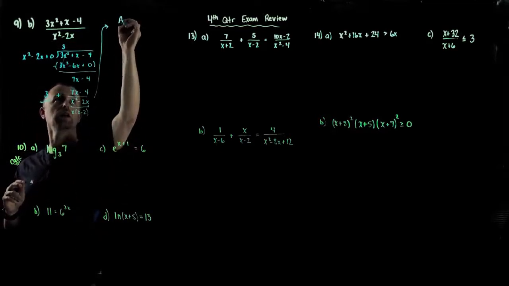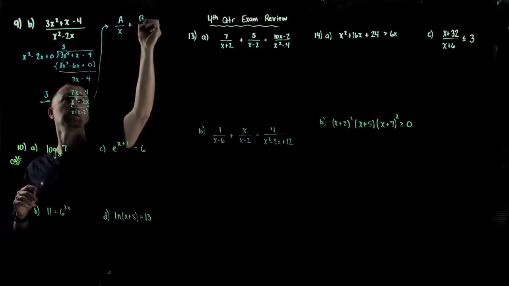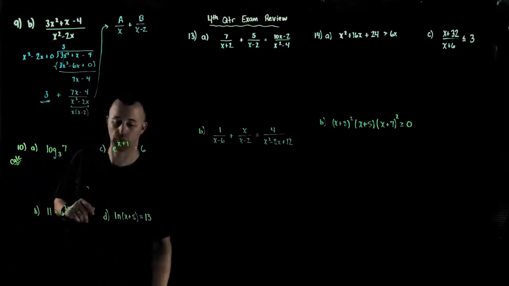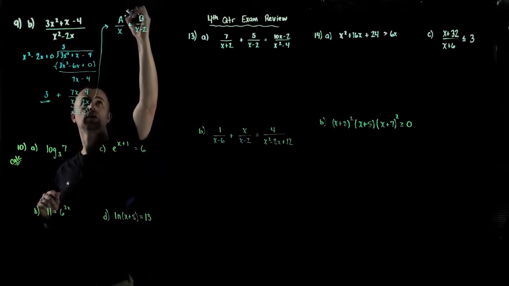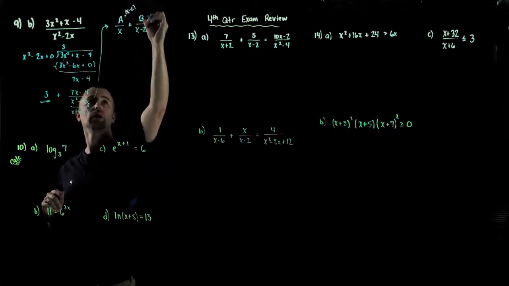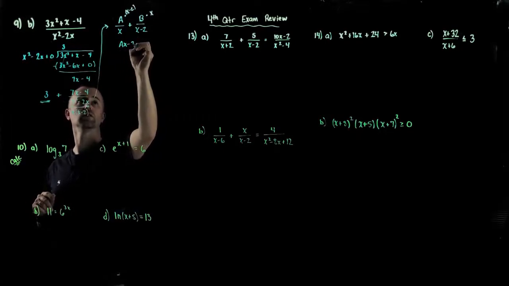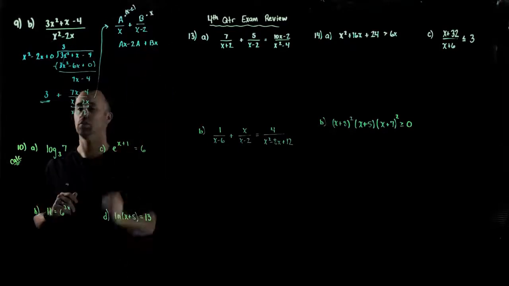I'm going to have a over x plus b over x minus 2. So I want to get a common denominator here. So I'm going to multiply this by x minus 2 and this number by x. So I'm going to have ax minus 2a plus bx. That's going to be my new numerator.